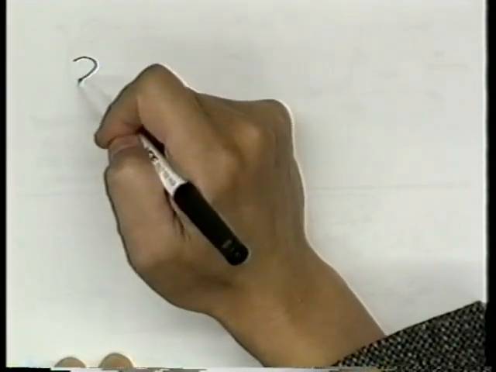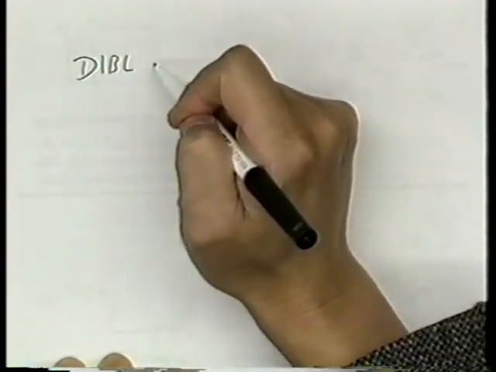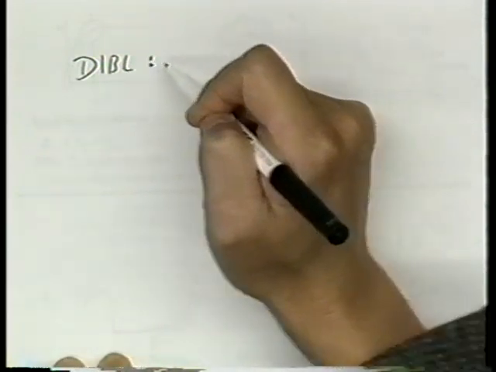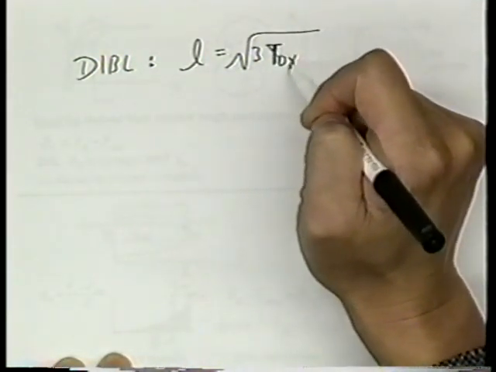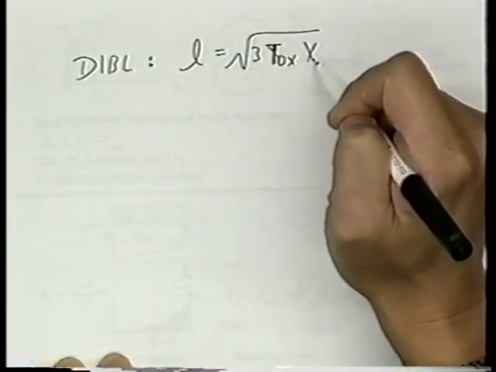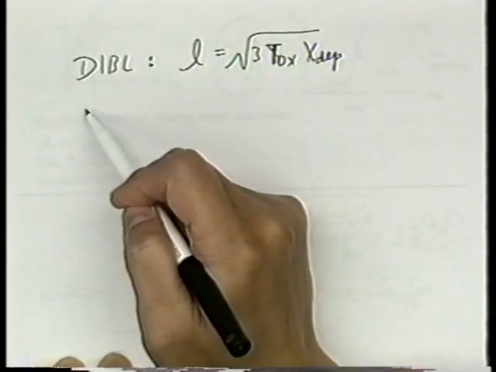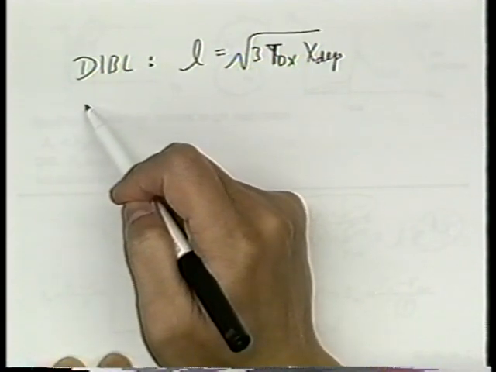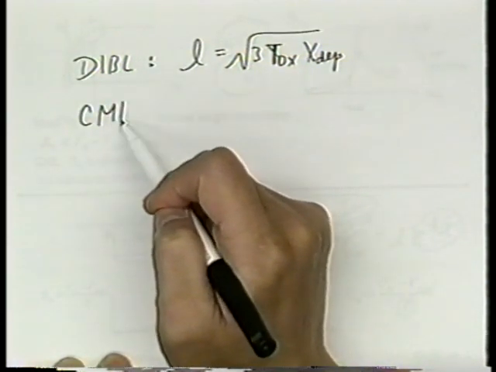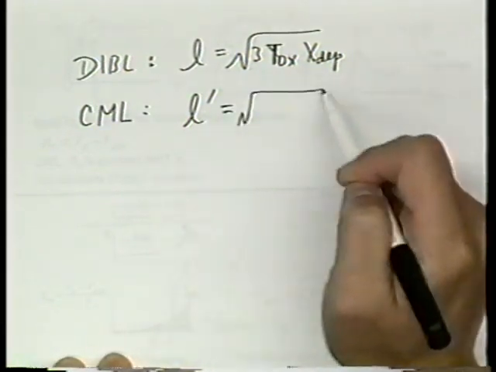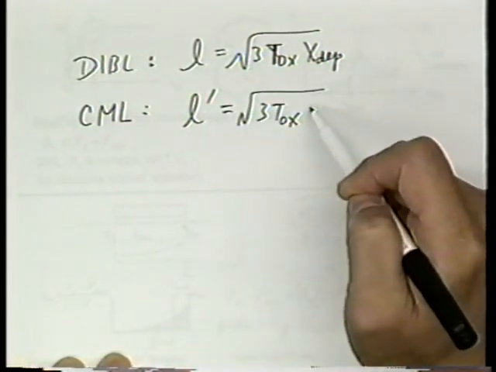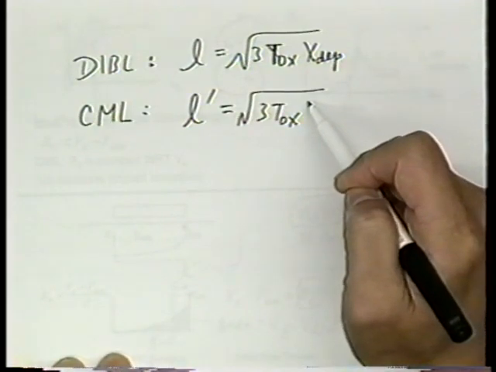For the dipole case, we got something called L, which is equal to 3 times Tox times X depletion. And for this depletion region, called the channel length modulation, let's call this, all right? So in the marginal analysis, we had L prime, which is equal to 3 times Tox times xj.